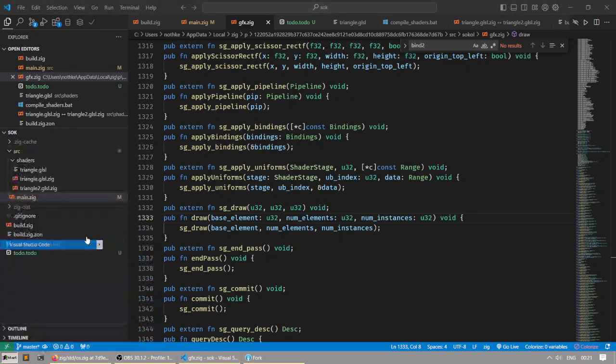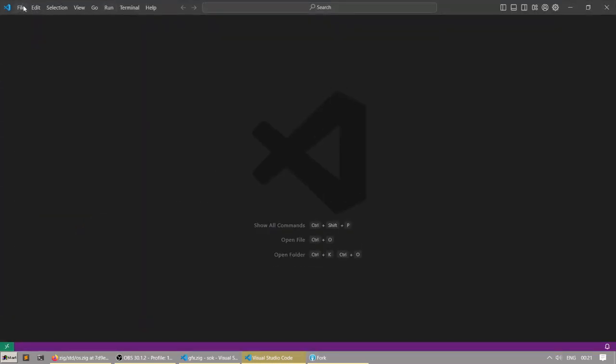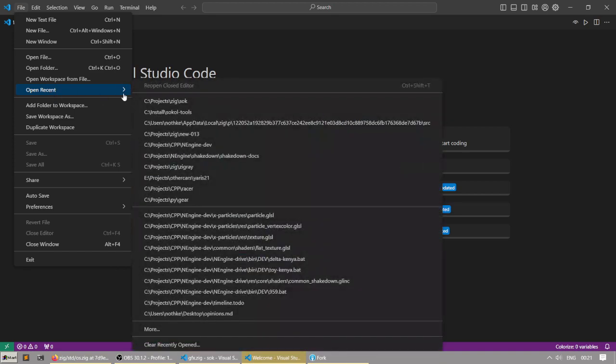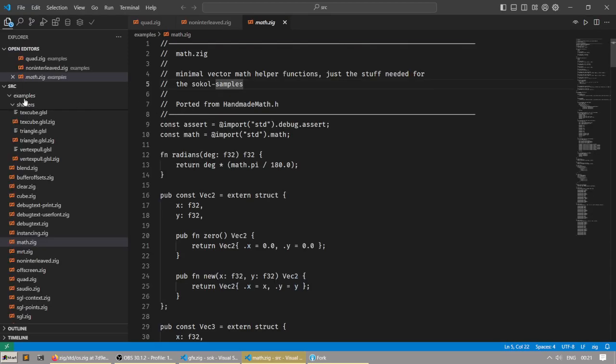So I'm going to launch another Visual Studio Code, VS Code, and I'm going to open the folder that I already did recently, because this is where the examples are.